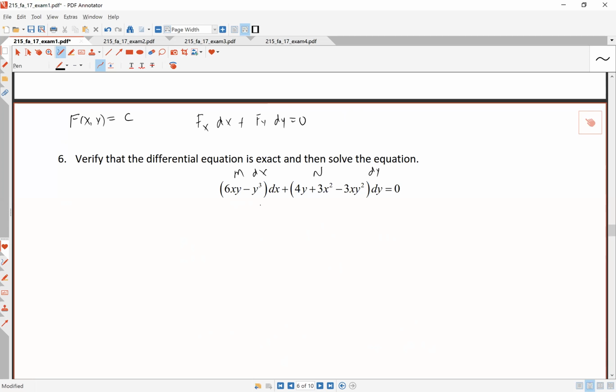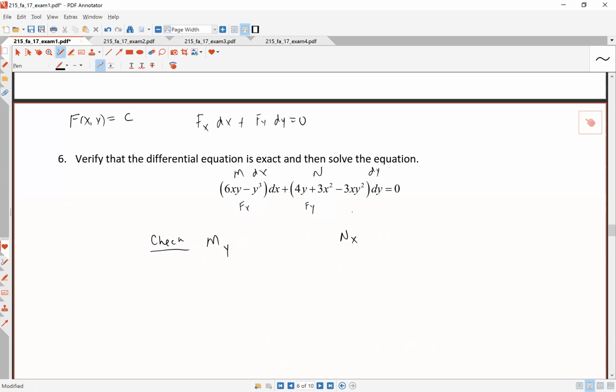So if this really is some fx and this really is some fy, then we know that the mixed partials will be equal. So we check the mixed partials, which is fxy and fyx. So we check if My is equal to Nx.